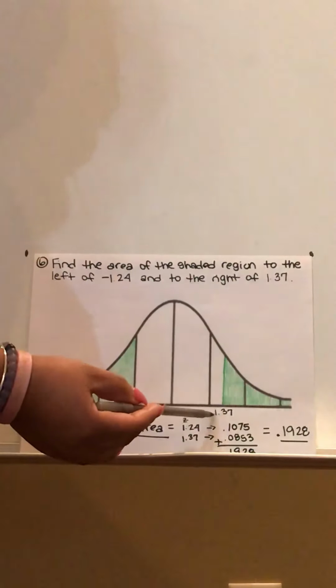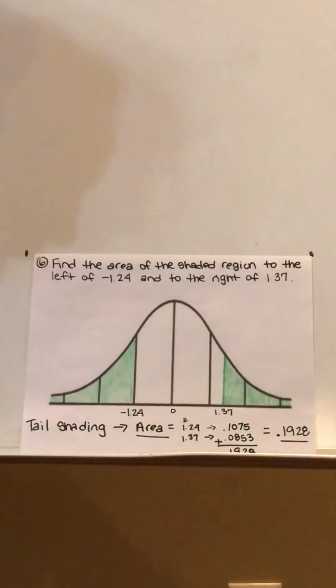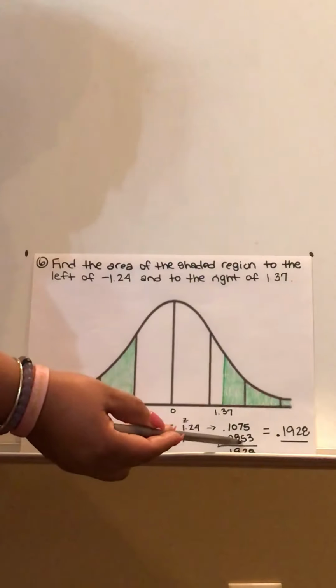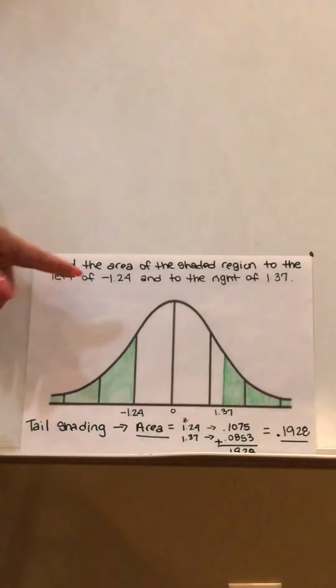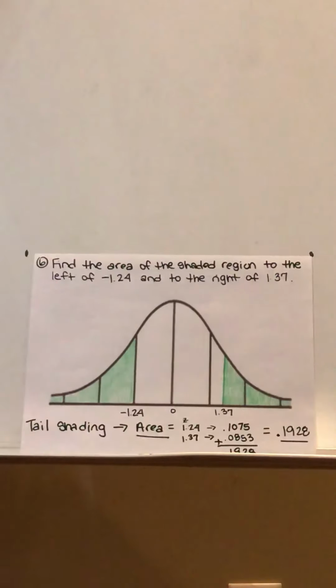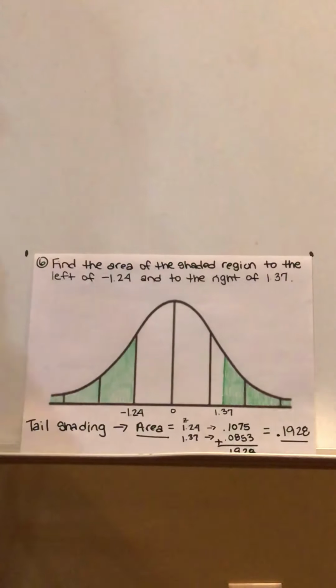I'm going to go look up 1.37's tail to see what that shaded measurement would be, and it would be 0.0853. Then to get the total, I will add the two measurements together, and I would get 0.1928.